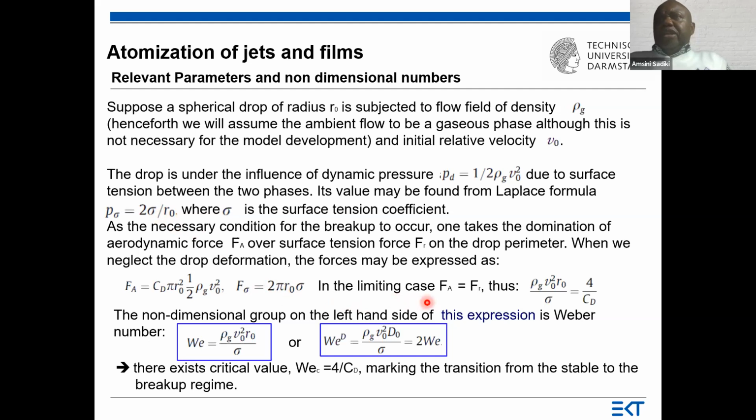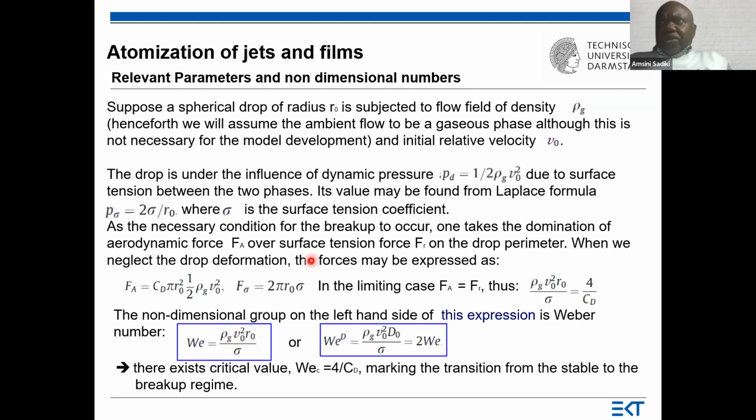In the limiting case, where there is equilibrium between both the aerodynamic force and the surface tension force, this equal to this brings us to this quantity. And this is a non-dimensional number, what we call the Weber number. It is a ratio of this dynamic force divided by the surface tension.